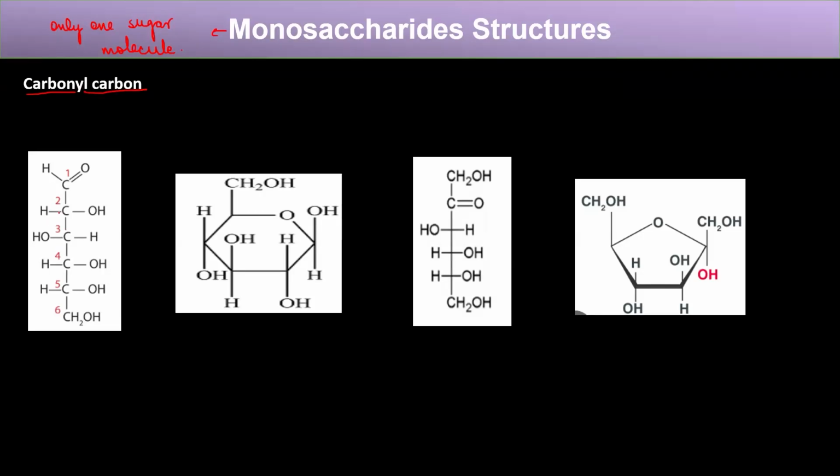If we look at the structure here, we are seeing that there is one carbon to which the functional group is attached. This is the example of glucose. Similarly, there is one more open chain structure, that is fructose. Here also there is one functional group, CO. So the monosaccharides or the carbohydrates consist of two types of functional group, either the aldehyde, that is CHO, or the CO group.